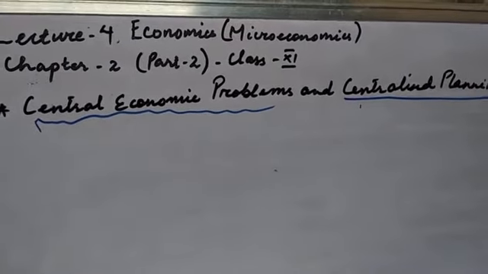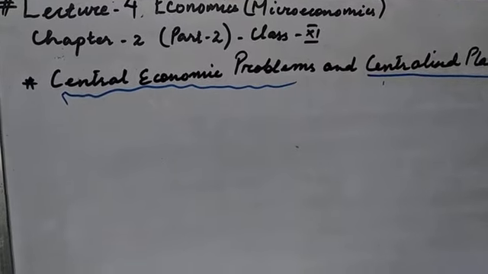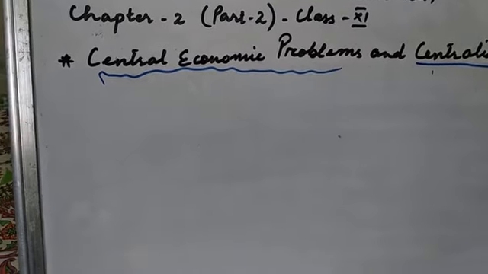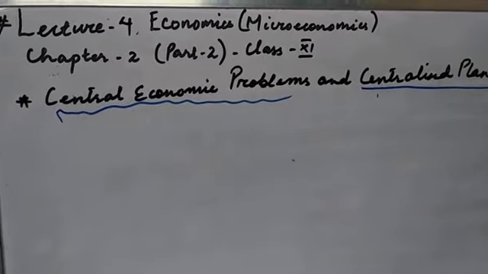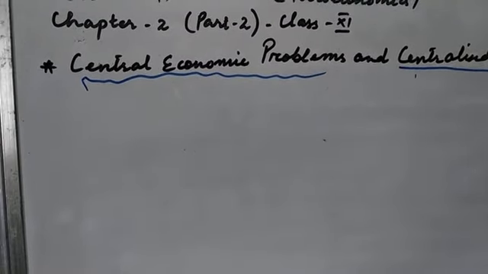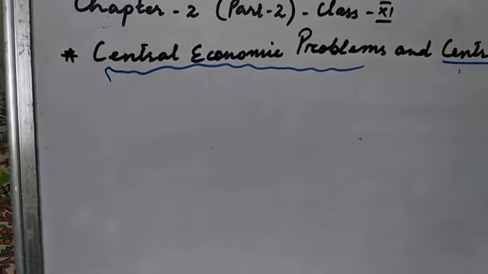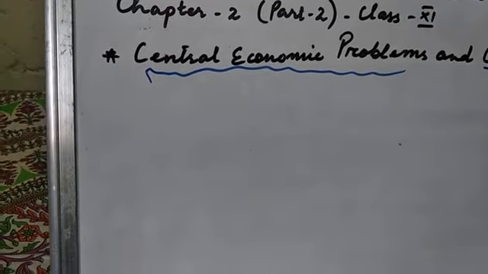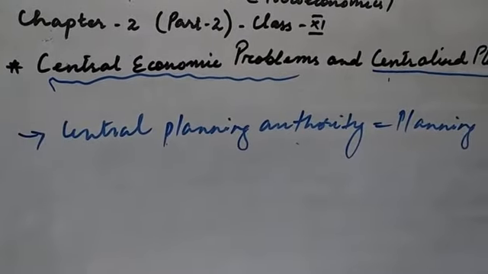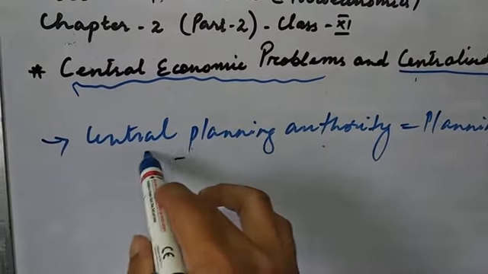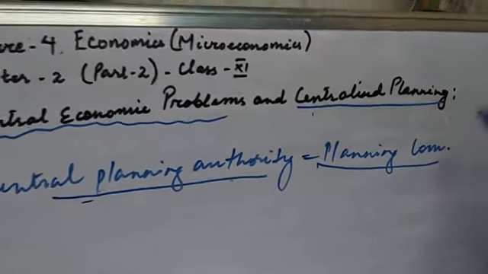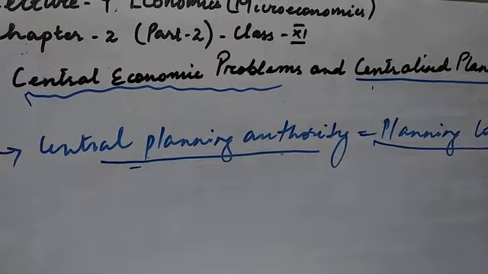In this centralized planning method, the solution of the various central problems is not achieved through the free working of the demand for and supply of goods and factors. To solve these problems, the government sets up a Central Planning Authority, which is called the Planning Commission. So economic problems are solved through the Central Planning Authority set up by the government, called the Planning Commission. They will decide how the problems are to be solved.